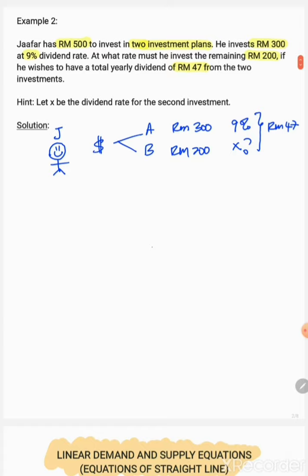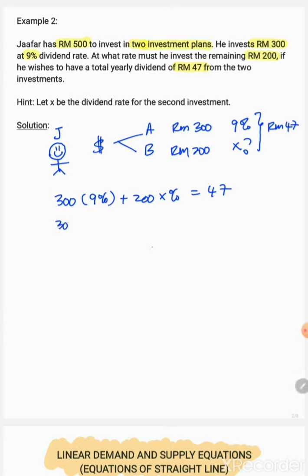Firstly, we put all the information into mathematical form. So we know that 300 multiplied by 9% plus 200 multiplied by x percent equal to 47. We know that this is investment A plus investment B, and then makes the total 47.